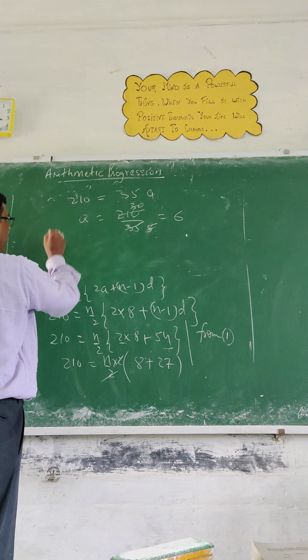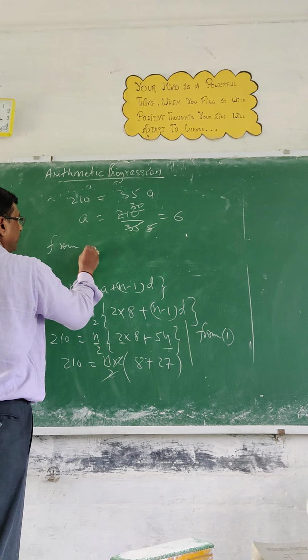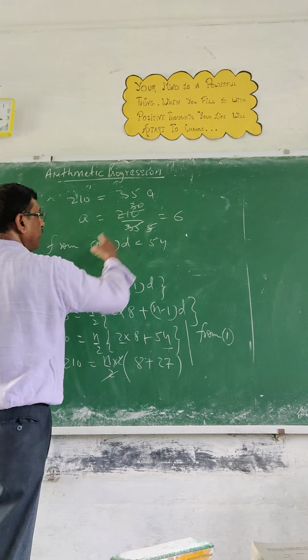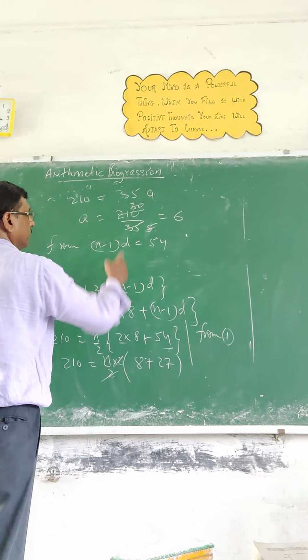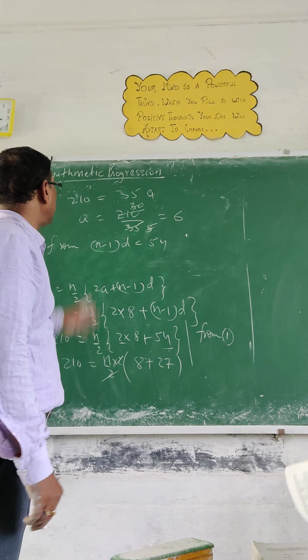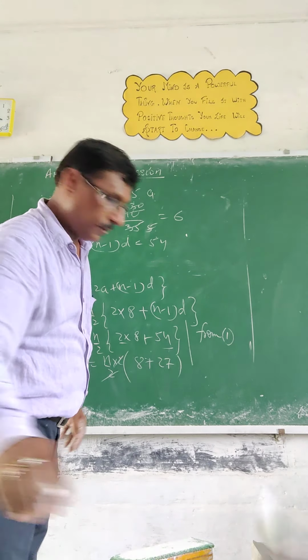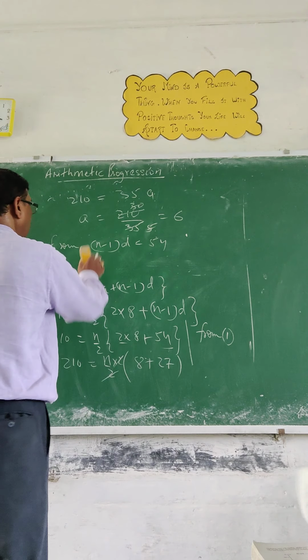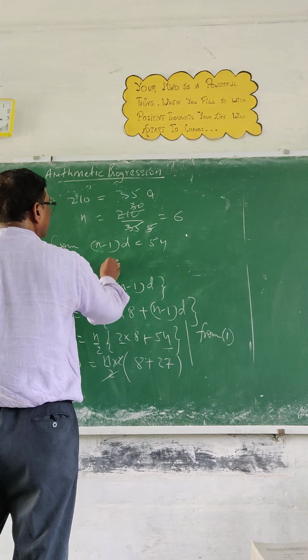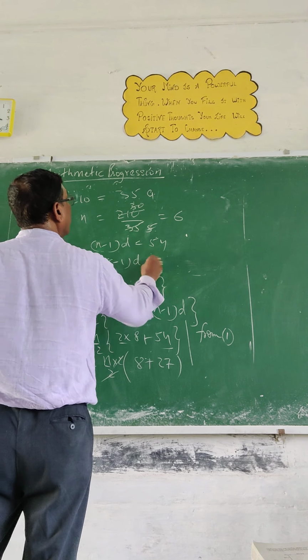6. Now from equation 1, revise what you get: 54. Put this value of n. Sorry, you are getting n, not a. This is your n, children. So revise: 6 minus 1 into d is 54.